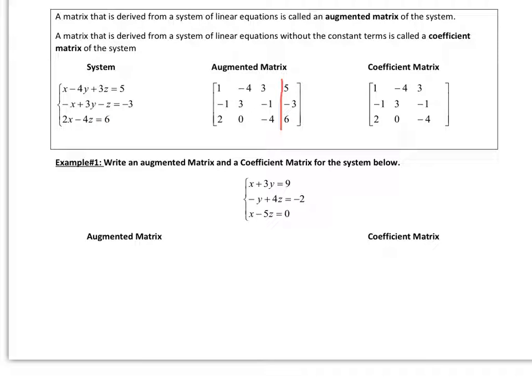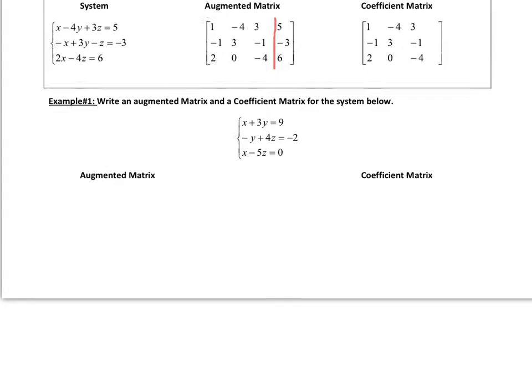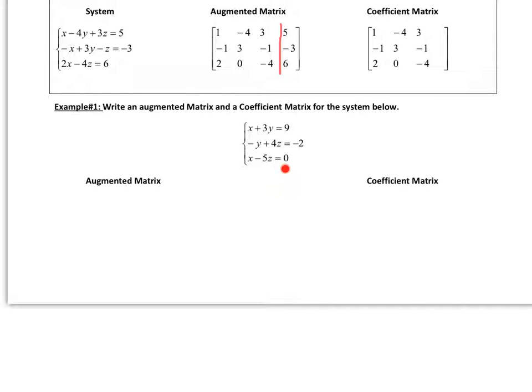Okay? And a coefficient matrix is basically everything but the last column, everything but what it's equal to. So I'd like you to take this system of equations here, and draw me an augmented matrix and a coefficient matrix, and then hit resume when you're ready to see the answer. Okay, so for the augmented matrix, you should have put 1, 3, 0, 9.